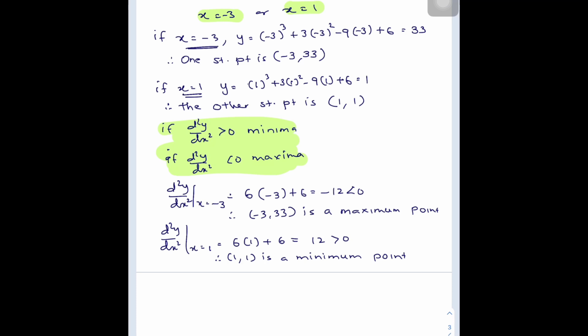Hope you understood. Let me try one more question. Question number 3, express 2x squared plus 8x minus 10 in this form. So I'm taking only this 2 first. So that's 2 times x squared plus 4x, minus 10.